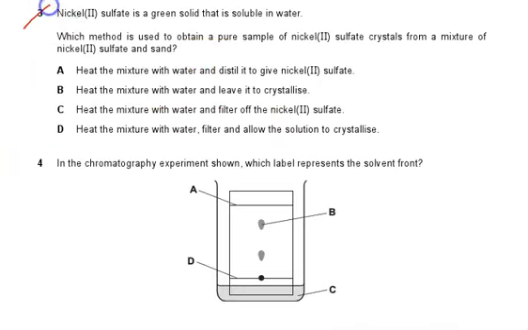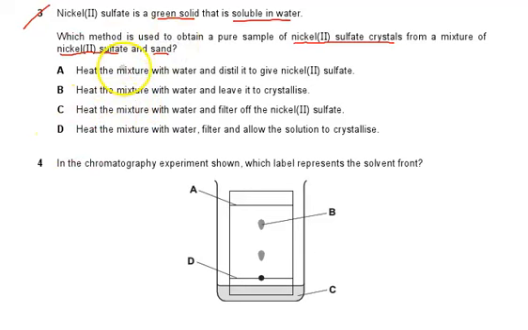For question number 3, nickel sulfate is a green solid that is soluble in water. Which method is used to obtain a pure sample of nickel sulfate crystals from a mixture of nickel sulfate and sand?